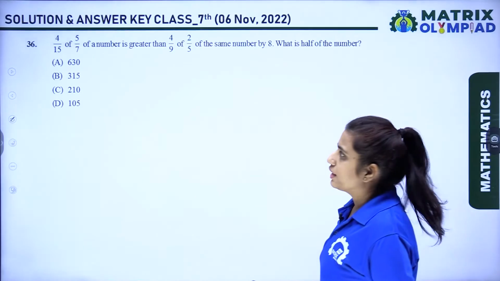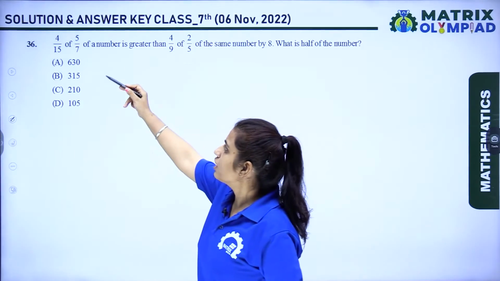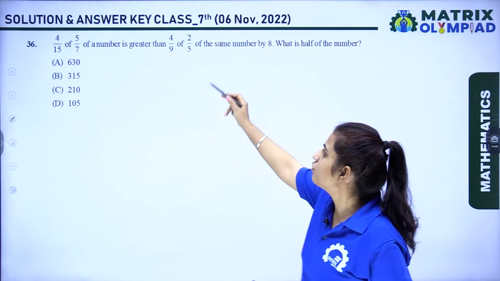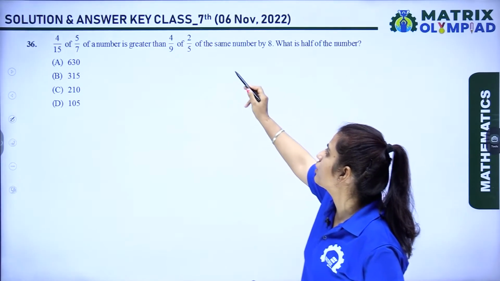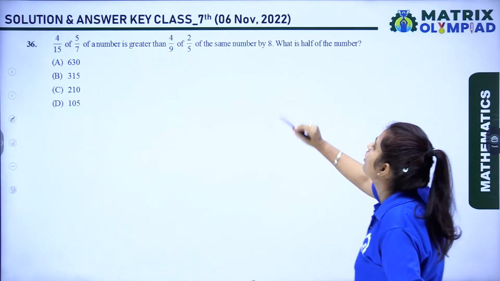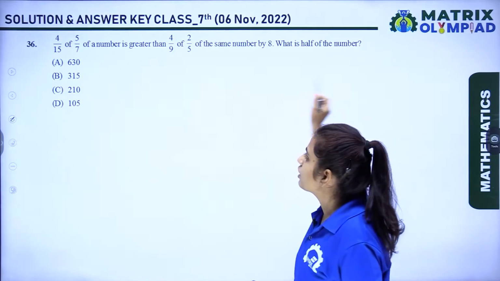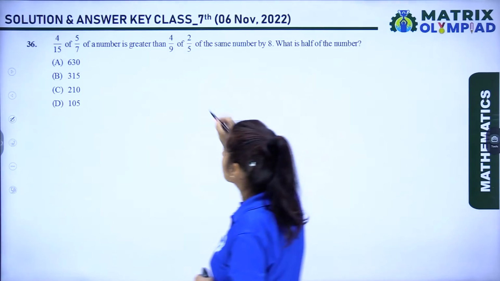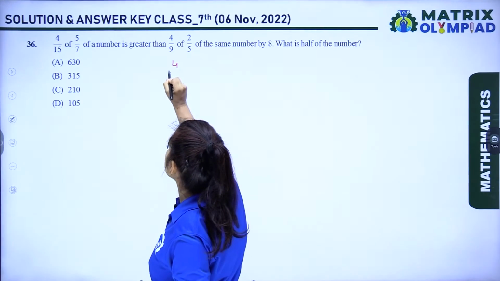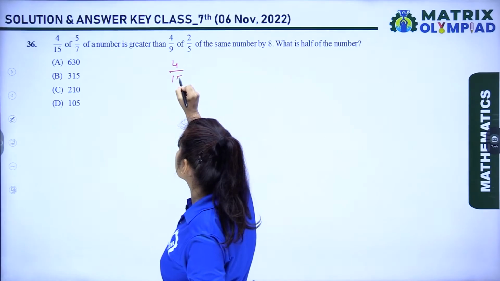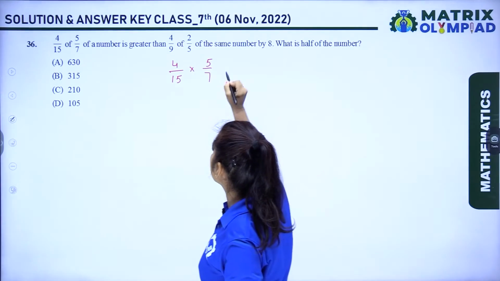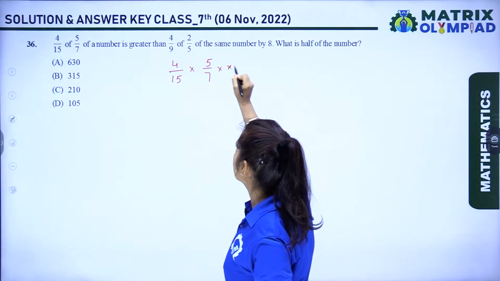Next question is 36. 4 upon 15 of 5 upon 7 of a number is greater than 4 upon 9 of 2 upon 5 of the same number by 8. What is half of the number? Now we have to find out half of the number. Here, "of" means multiplication. 5 upon 7 of a number means multiply by x.